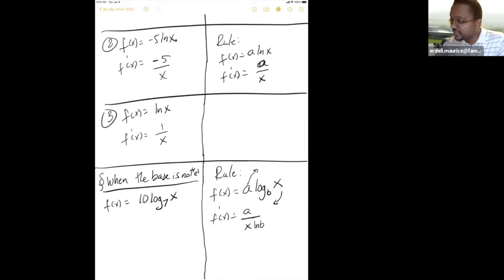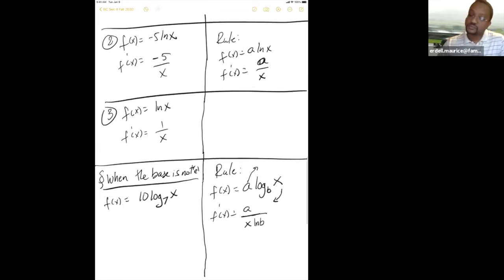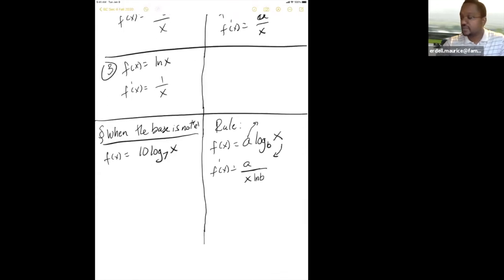You have to divide by the natural logarithm of the base. When we're doing an exponential function, you multiply by ln of the base. When you're doing a log, you divide by ln of the base. So translating that over into our example, f prime will be 10 divided by x ln 7.